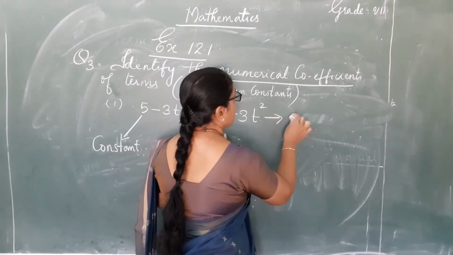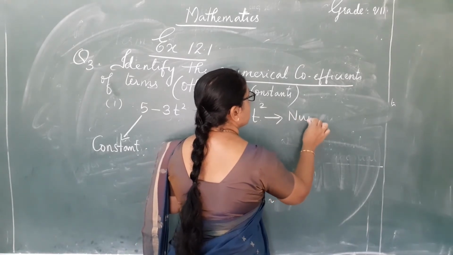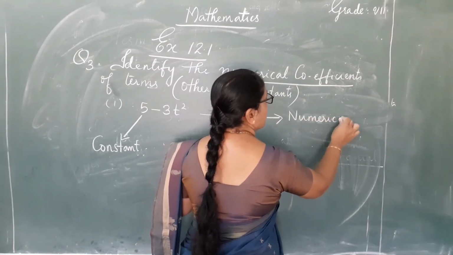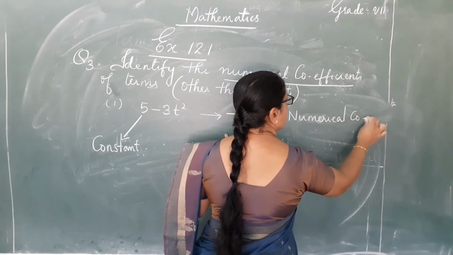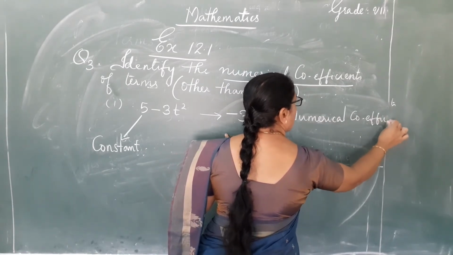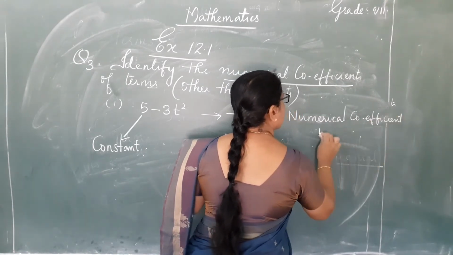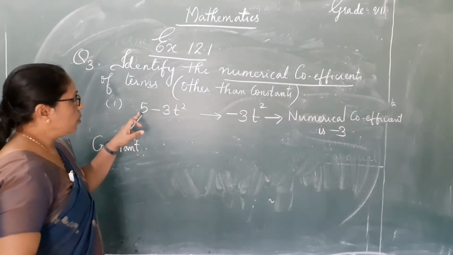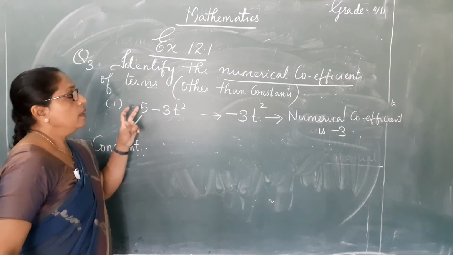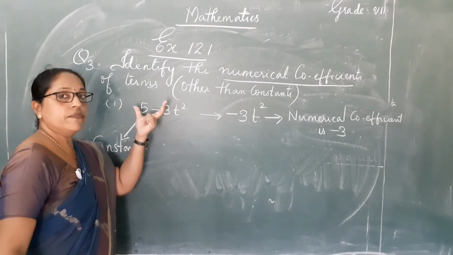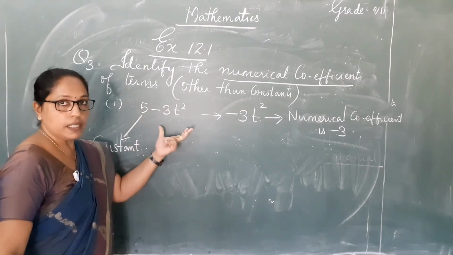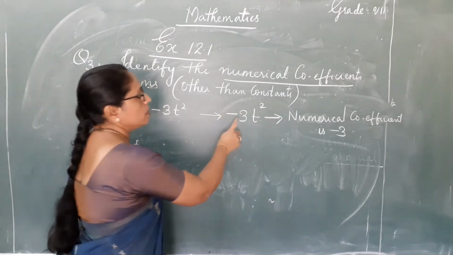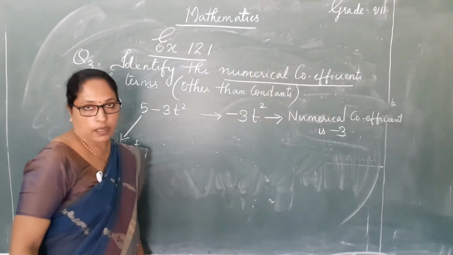So the numerical coefficient in this term is negative 3. We don't have to look at the constant term. We have to look at the term which has variables. In that term, you need to find the numerical coefficient.